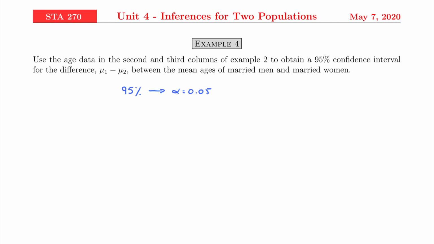And from the T table, I need to note that our degrees of freedom is 9. We see that with 9 degrees of freedom, T sub alpha over 2, T sub 0.025, is going to be 2.262.